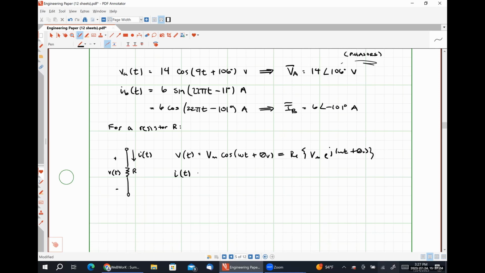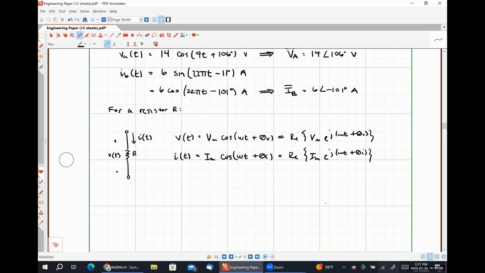And our current I of t is of the form Im cosine omega t plus theta I, where this is the real part of Im e to the j omega t plus theta I. So the relationship between current and voltage in a resistor is, as we all know, Ohm's law. V of t will be equal to R times I of t, always.